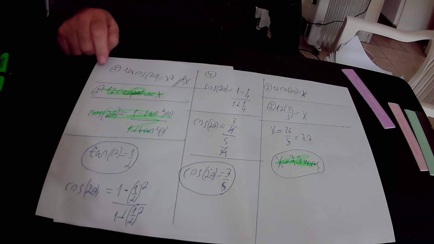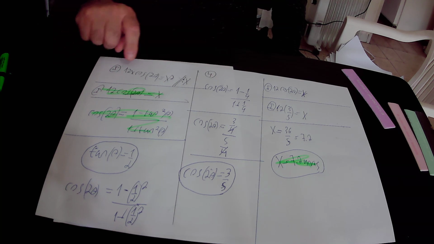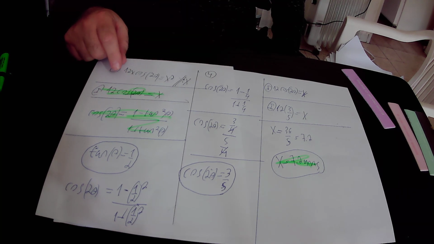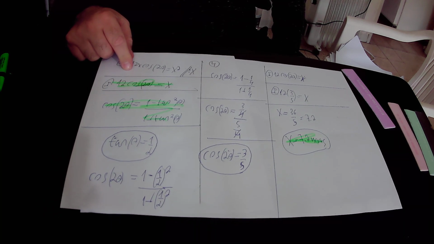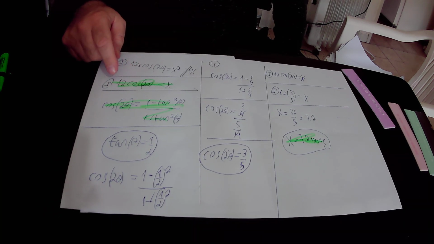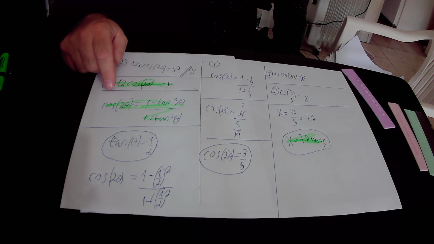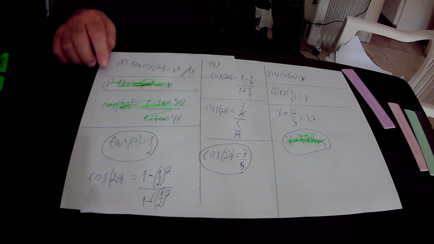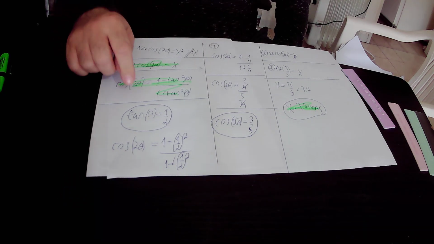So the only thing that is left to do in order to find the value of x is to find the value of cosine 2 theta. And we have a trigonometric identity for the value of cosine 2 theta. Cosine 2 theta equals 1 minus tangent squared theta over 1 plus tangent squared theta. And we have already found that tangent theta equals 1/2.